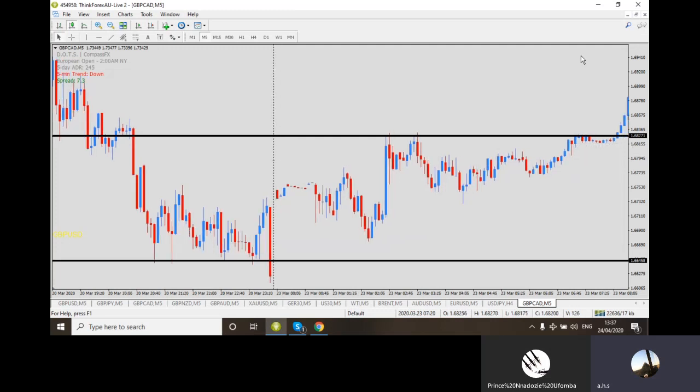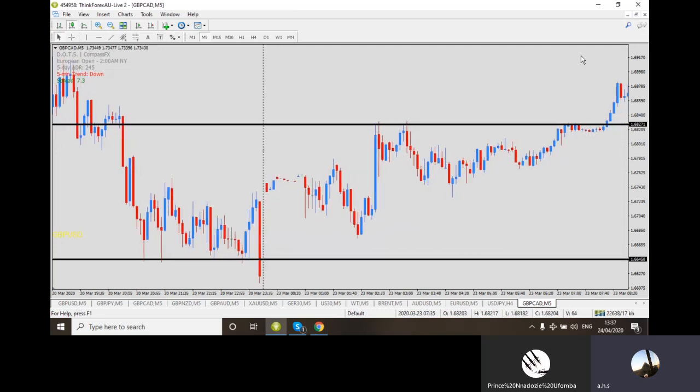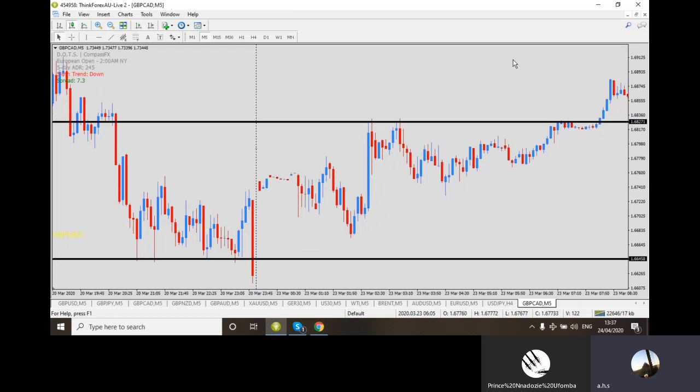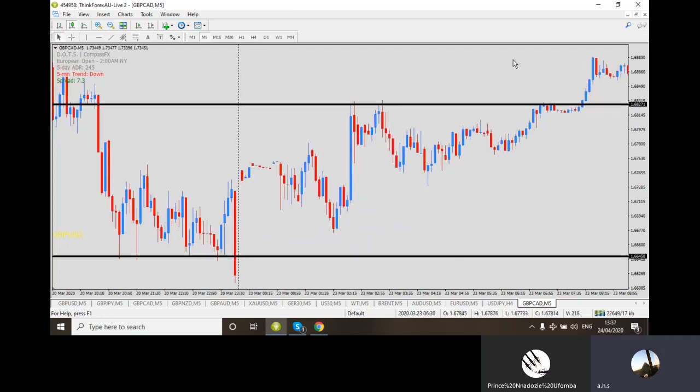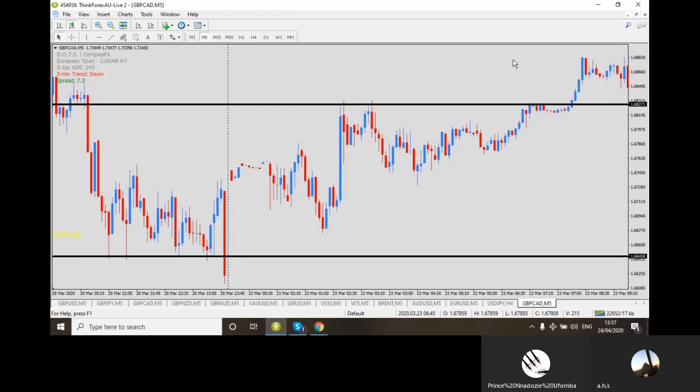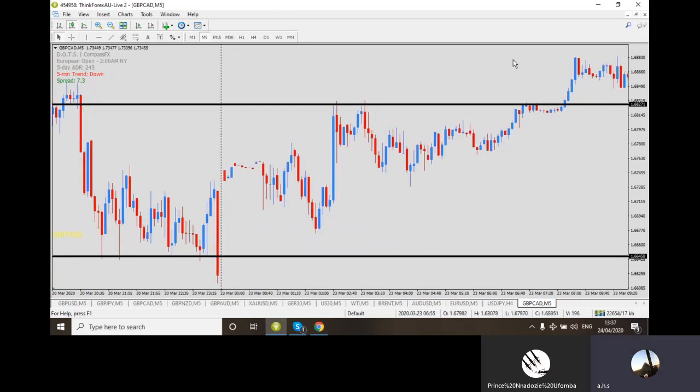Okay, so we've broken this level anyway, and I'm seeing higher lows going into it, or buyers keep buying the pullbacks. So if we can get involved on this level, then we will. The problem is sometimes you just don't get that pullback.